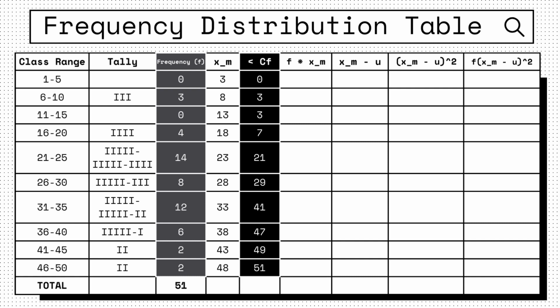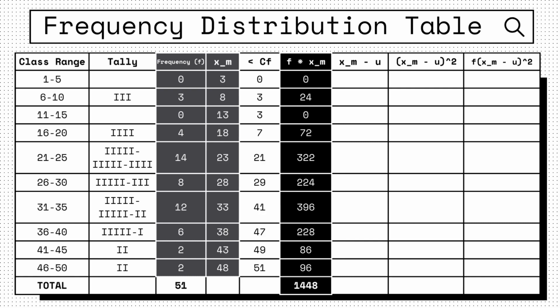First, we have 0 since the first frequency is 0, then 3 since the next frequency is 3, then 3 again since the next frequency is 0, then plus 4 it becomes 7, then plus 14 is 21, plus 8 is 29, plus 12 is 41, plus 6 is 47, plus 2 is 49, then plus 2 again is 51, which is the same as n. So with this, we can affirm that our calculation is correct.